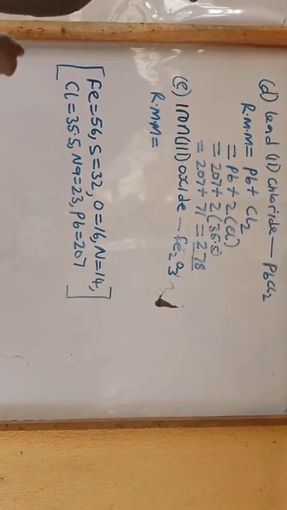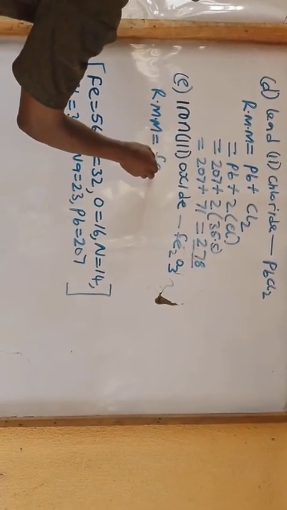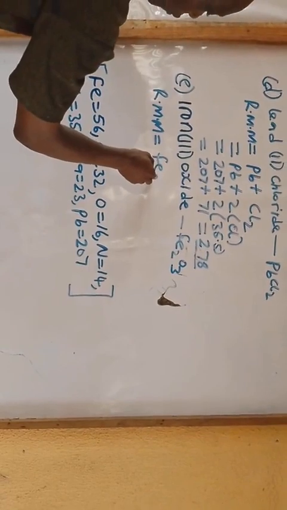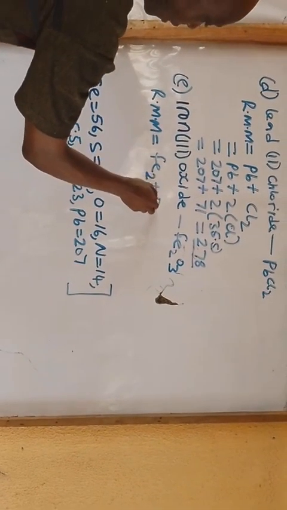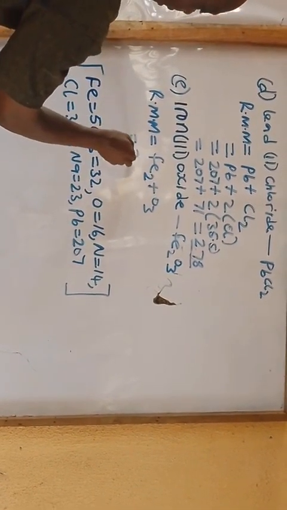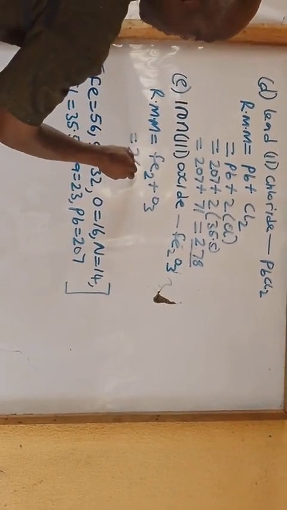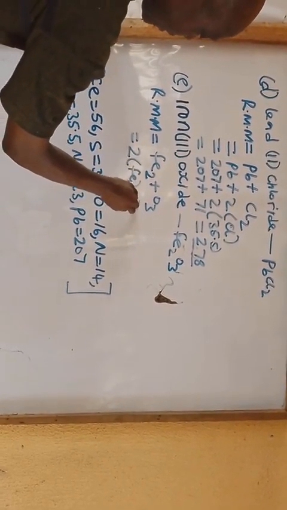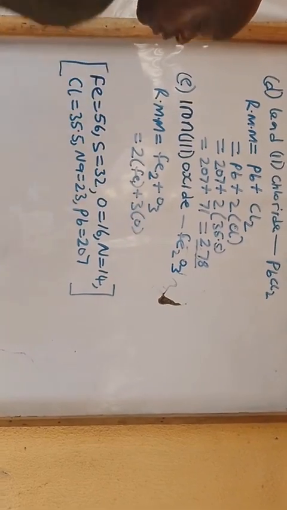RMM of iron 3 oxide is Fe2 plus O3, which is equal to 2 times relative atomic mass of iron plus 3 times relative atomic mass of oxygen.